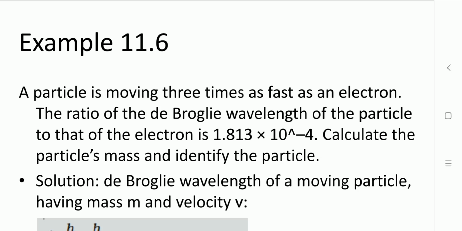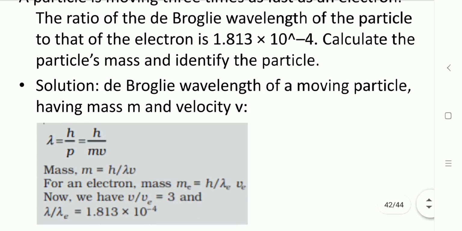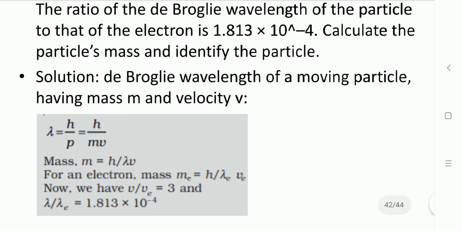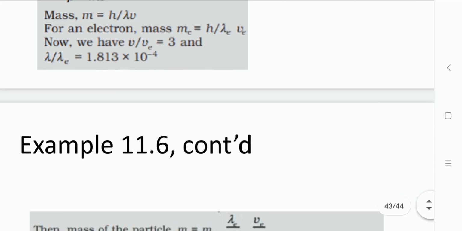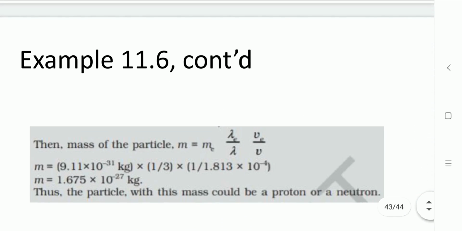So now the mass of that particle: v by ve is 3 times, as given in the example, and lambda by lambda e is again given in the example, 1.813 into 10 raised to minus 4. So the mass of the particle m equals me into lambda e by lambda into ve by v.